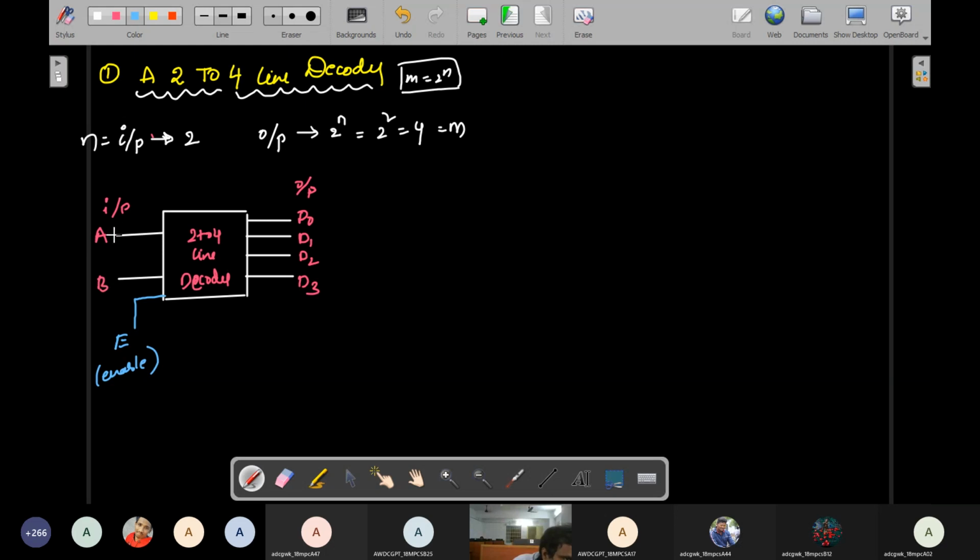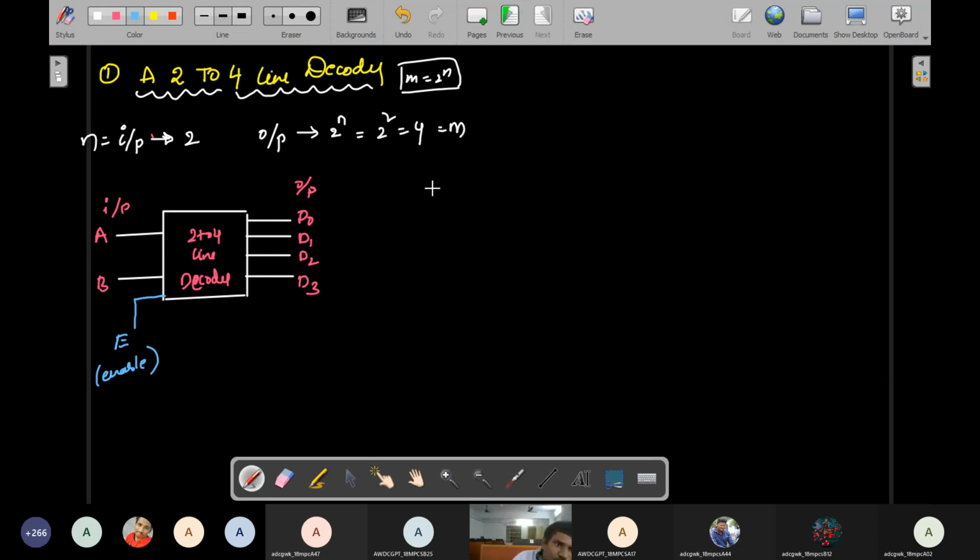Similarly, if you consider two inputs, how many digital possibilities are there? Only four: 0 0, 0 1, 1 0 and 1 1. Out of these digital possibilities, you give the digital possibility to the input, and that decides which one of the outputs is selected.